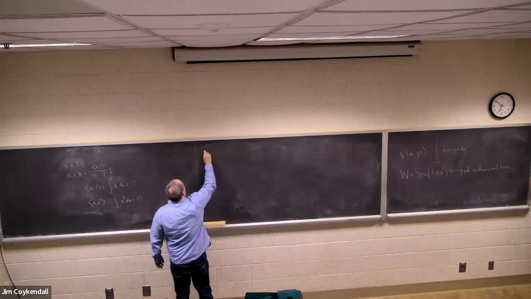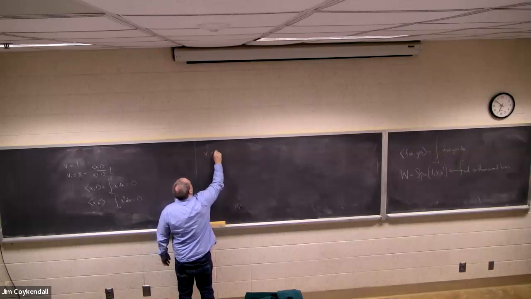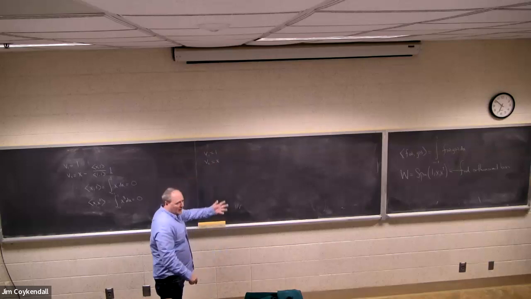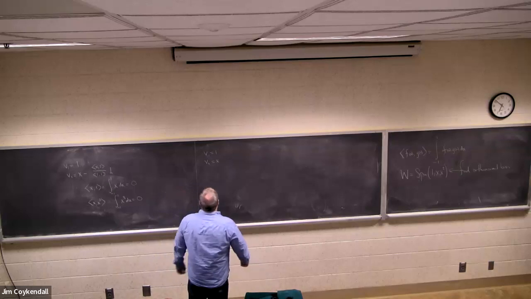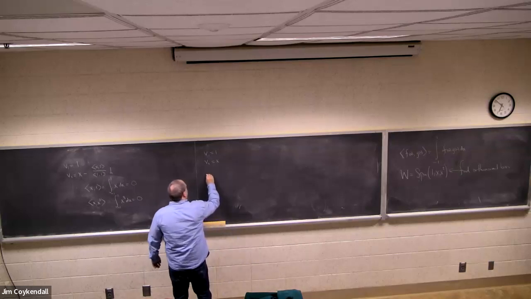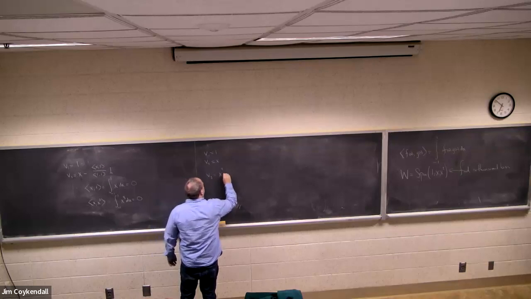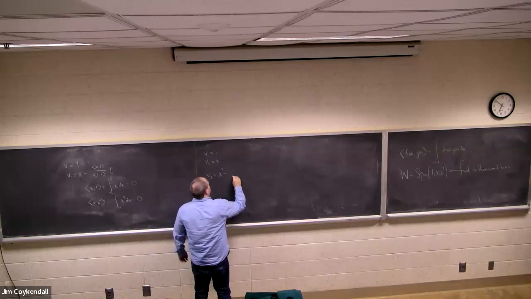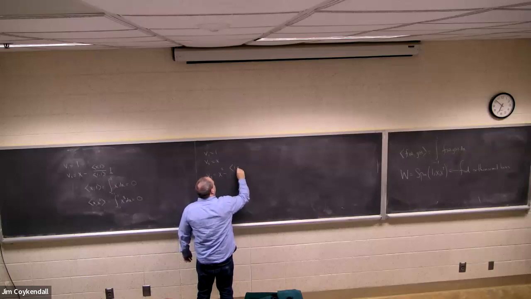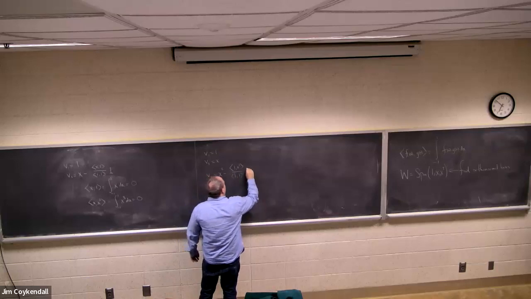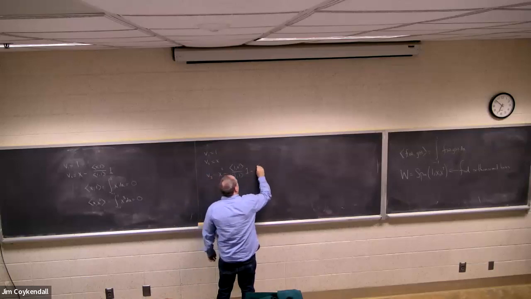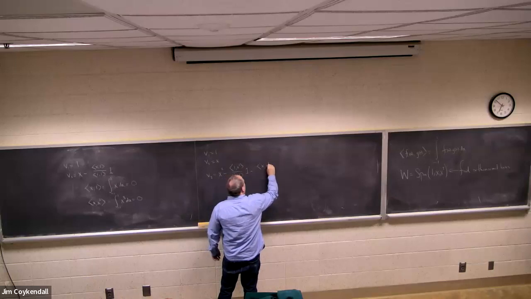So I have, now, of course, I haven't normalized, so I've got to go through that. But inner product 1 and x squared, 1 and 1, minus inner product x and x squared, x and x.